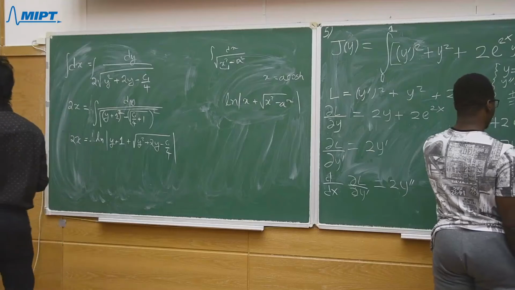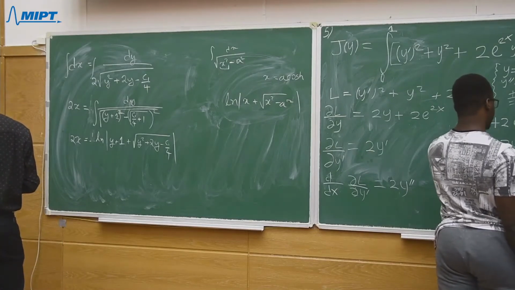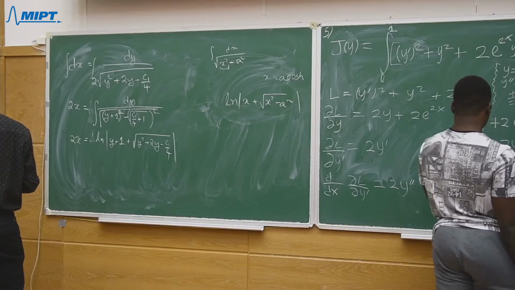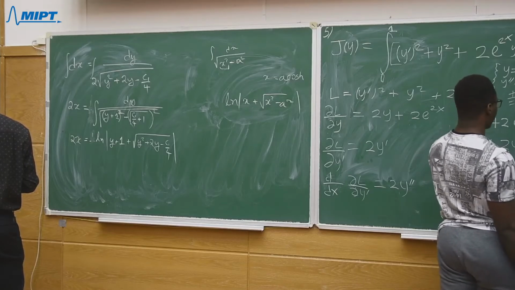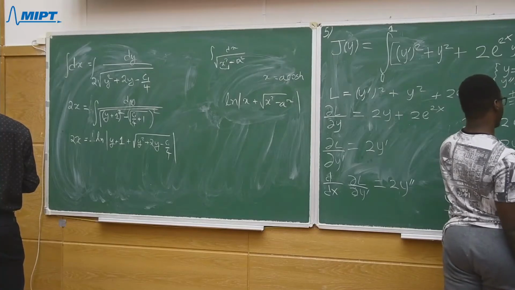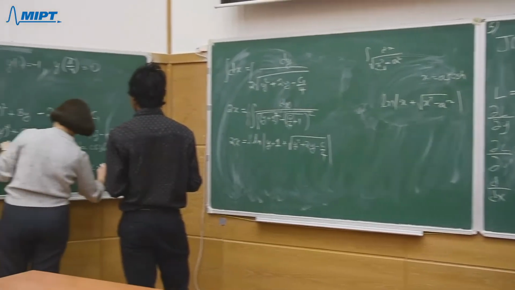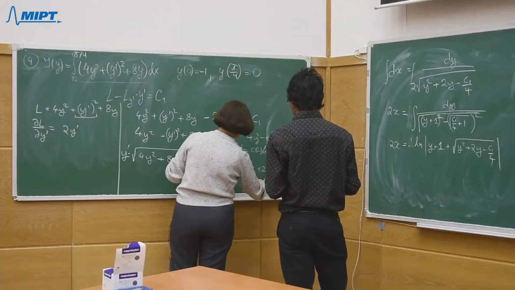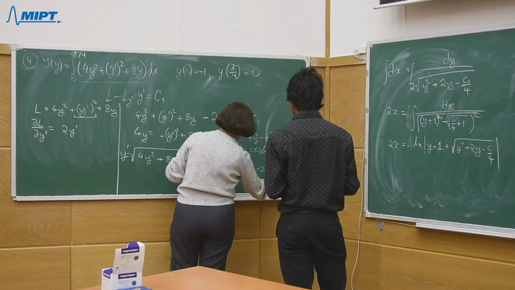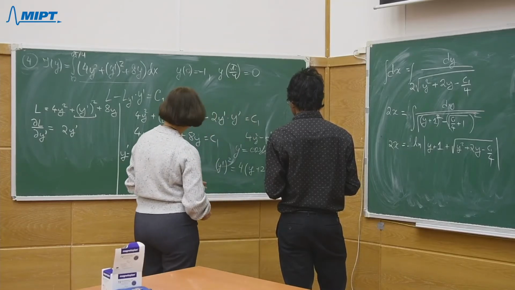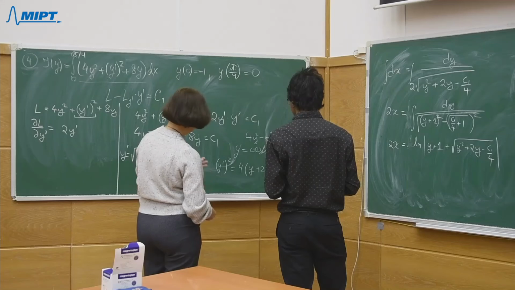I will rewrite this as y prime squared equals, so if we move it that way, I will get 4 times (y plus 2) squared plus some constant c2. Yes, let it be c2 maybe. I think it doesn't matter.